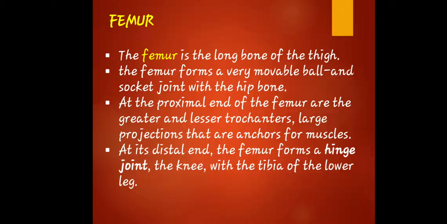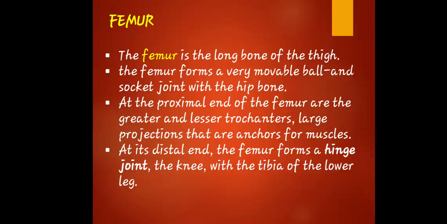So what is the major function of femur? Since femur is the longest, heaviest, and strongest bone of the human body, the main function of femur is weight bearing and stability of our gait. Okay, so that is the major function of femur. It is the longest and heaviest and strongest bone.